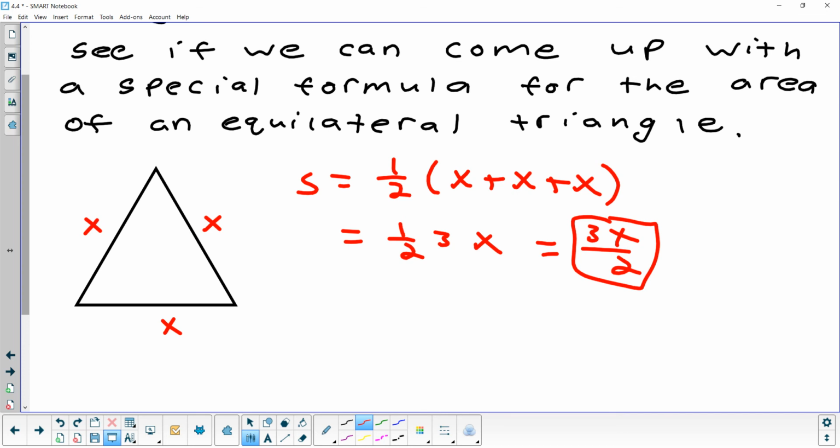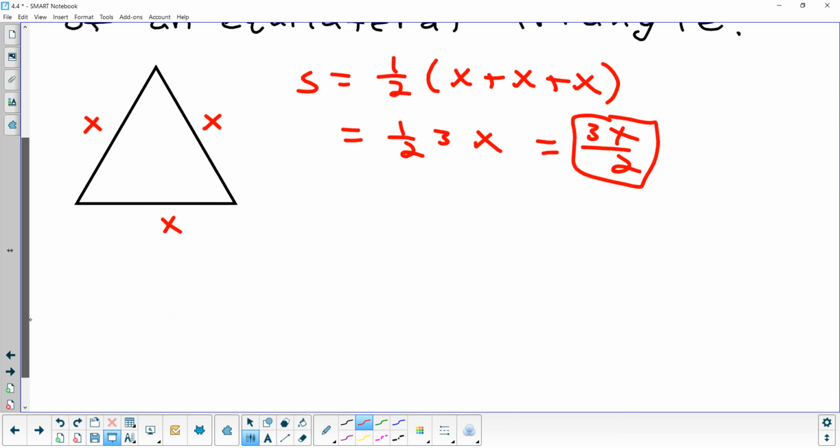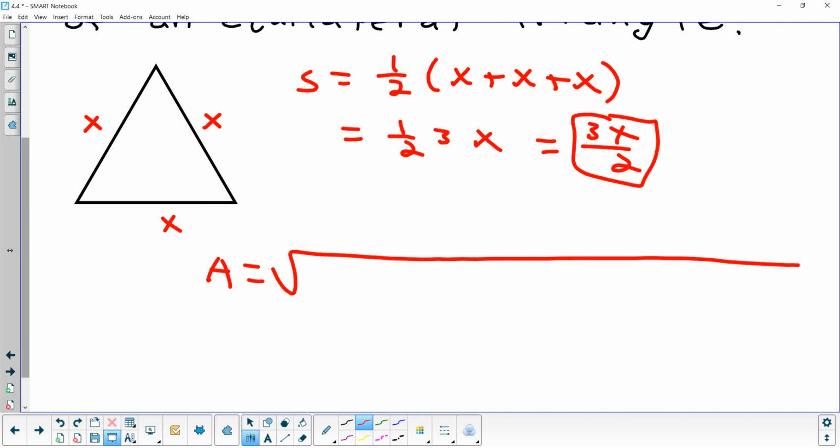All right, so now let's fill in Heron's formula. Square root of, we have x. You can put the x right next to it, or you can put the x in the top, it's exactly the same thing.